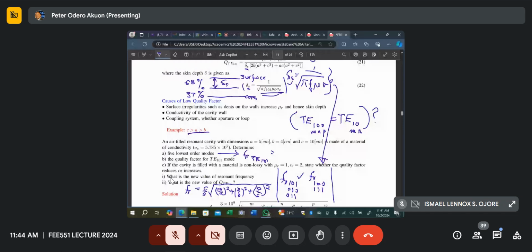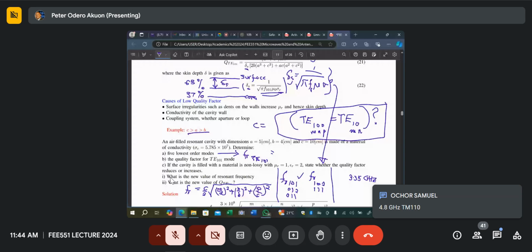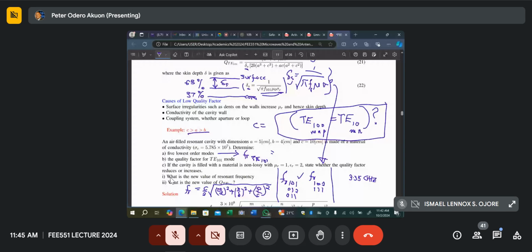Then somebody, can you do TM110? So FR for 110. What do you get? Getting 4.8 gigahertz.